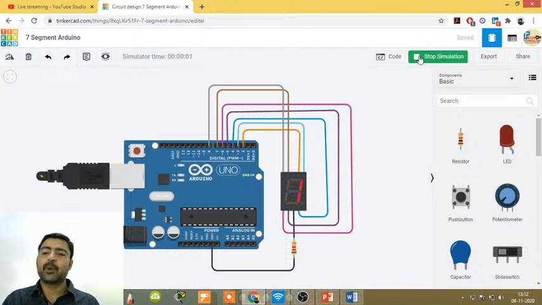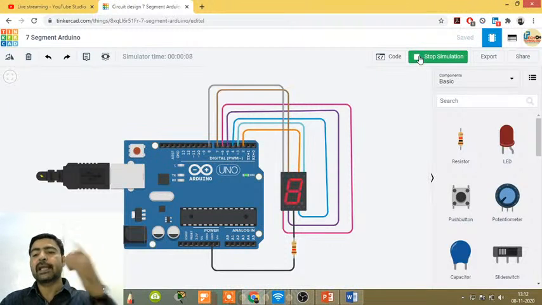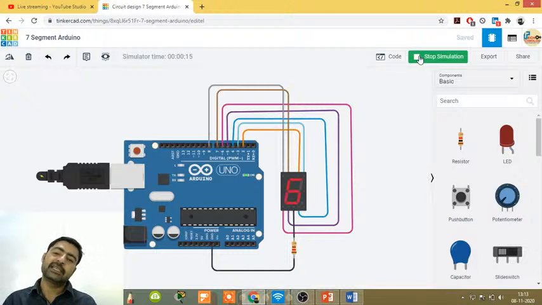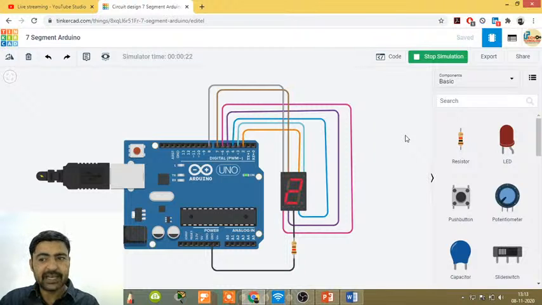We have written a program which runs a counter starting from 0 to 9. As you are seeing, 0, 1, 2, 3, 4, 5. This display is showing us a digit based on the code.